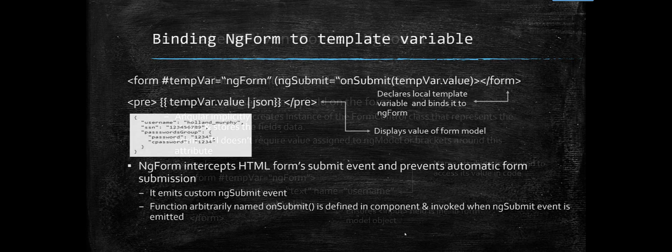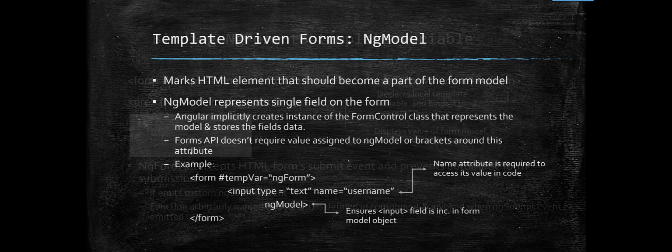We saw that back here with this passwords group right here. These are nested within this object, and we can get access to that with templateVar.value.passwordsGroup, and then either one of these name attributes will give us the value of those fields, which in this case is 1, 2, 3, 4 on both of them.